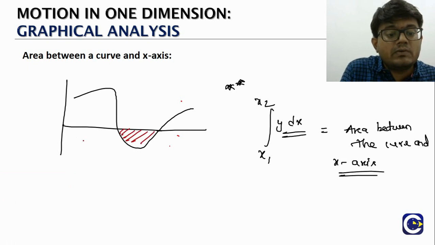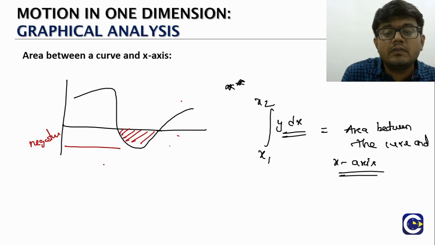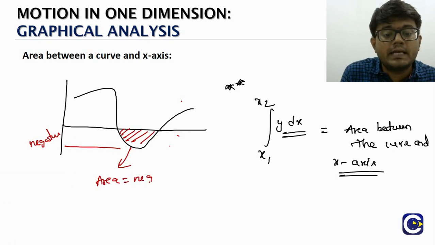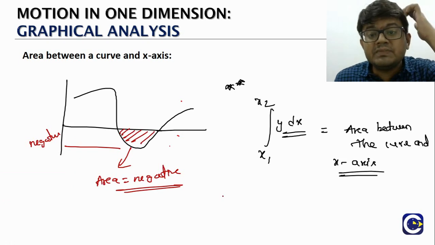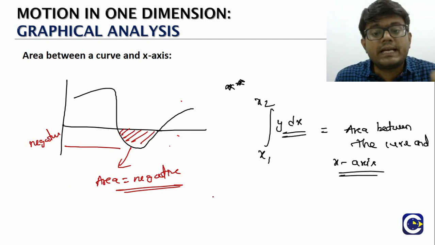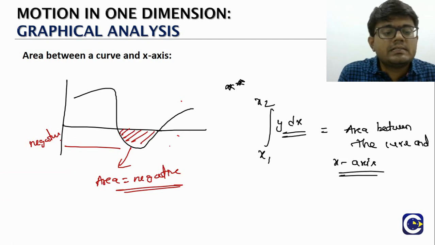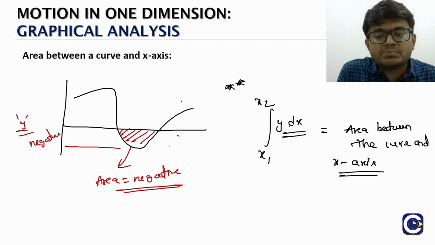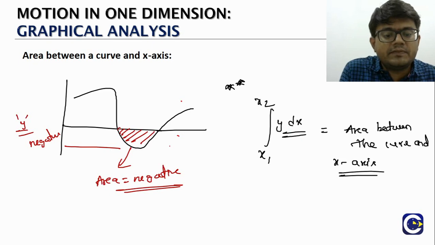So when you measure the y coordinate here, right, it will be what? Negative. So accordingly, the area here will be coming as what? Area is going to be coming as negative. So whenever we have the area below the curve, right, that area we have to take it as negative. Why it will be negative? Because since the y coordinate here is negative, when you complete the integration, for example here this is our x1, this is our x2.